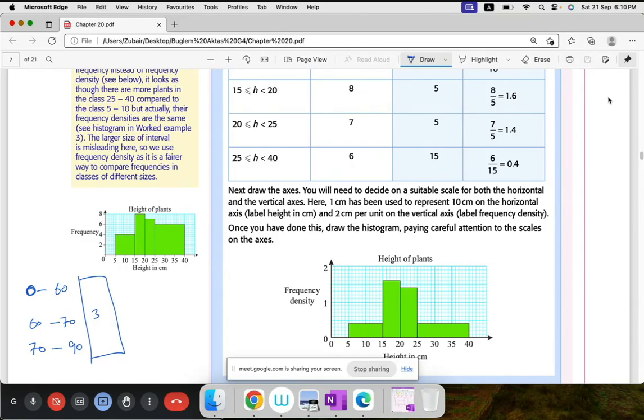It was only that maybe we are getting very few values in a few classes, so we combine them. And then to adjust that change, we draw frequency density. So class width has nothing to do with the data collected.